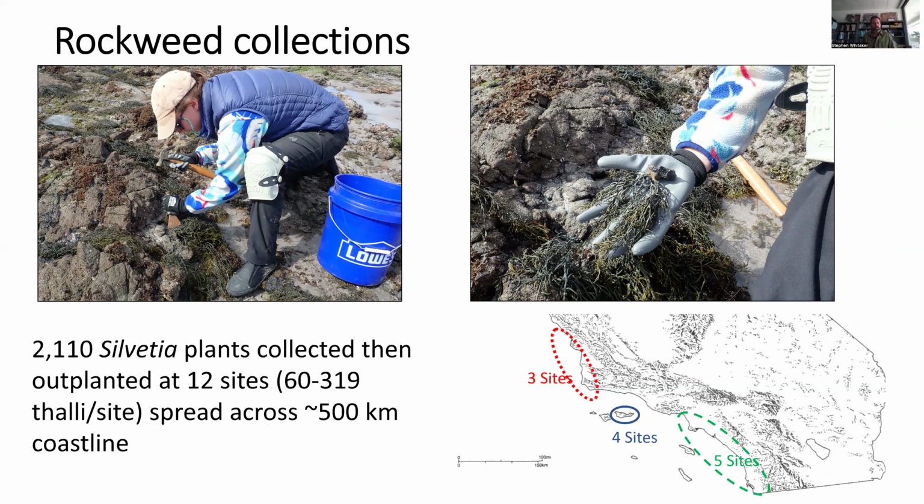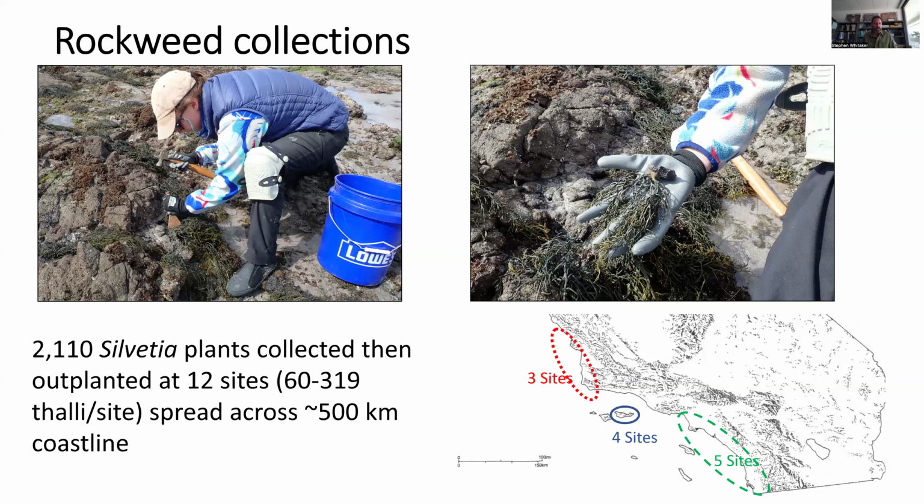So we focused on adults for this restoration project, and also focused on fertile adults, so that the hope was if we move those individuals into a restoration site, that they might drop gametes and produce some recruits while they're there.